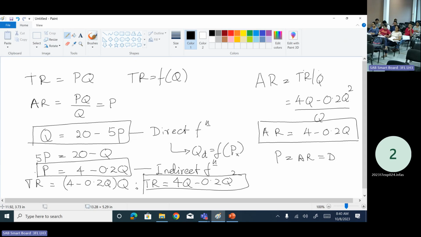We discussed that this equals the price and the average revenue. It is a horizontal demand curve: the firm's demand curve is horizontal, where price equals average revenue.